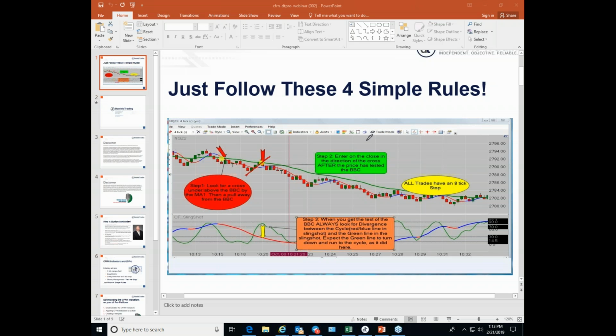A down close would be a red candle. You want ideally everything to be the same color. A red MA1 and a red candle. A down close is a red candle. And you'd like to have a red cycle, and preferably a red MA1. So ideally you want everything to be the same color.